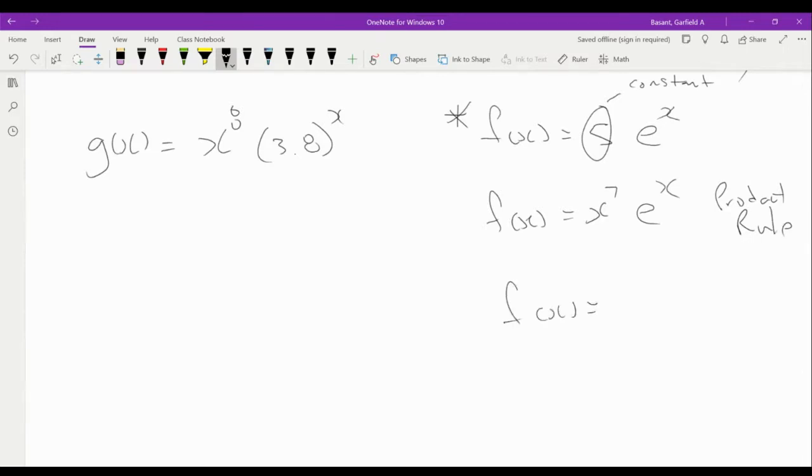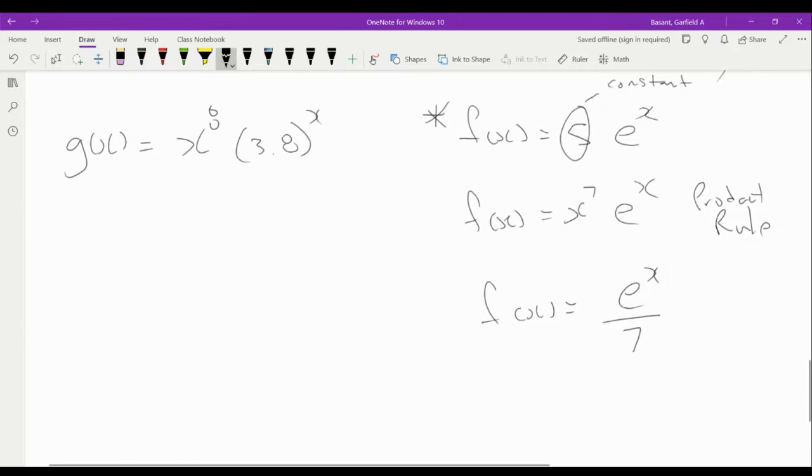How about f of x is equal to e to the x over 7? Is this a quotient rule problem? Well, that's a good answer, Louis.